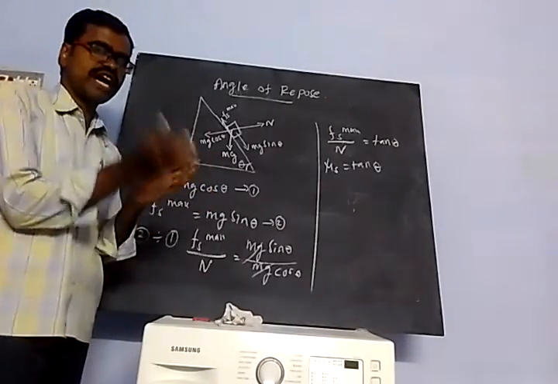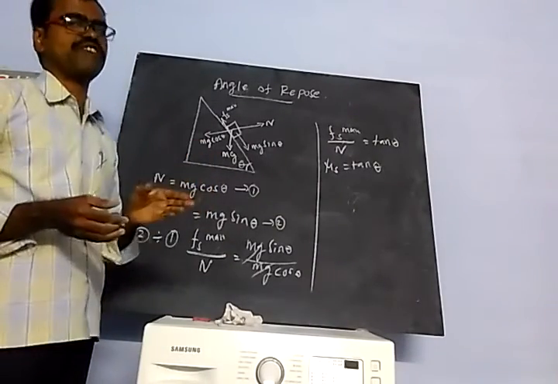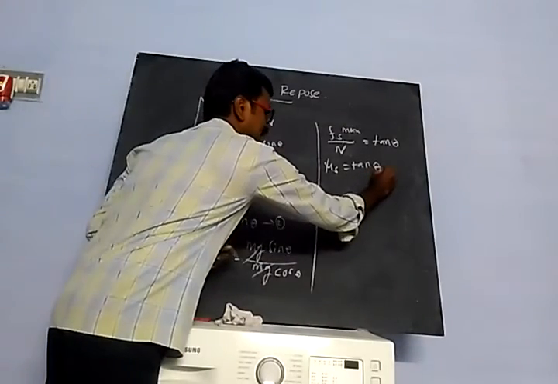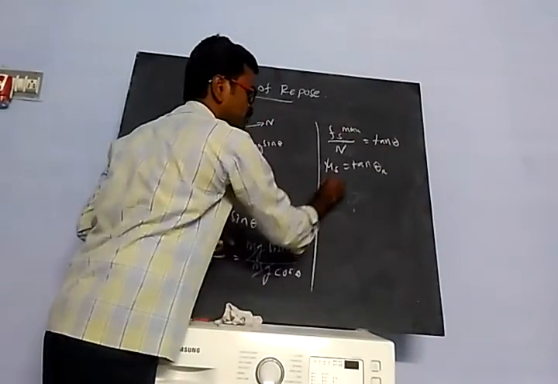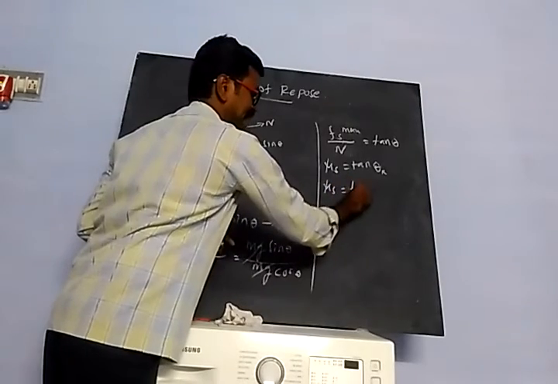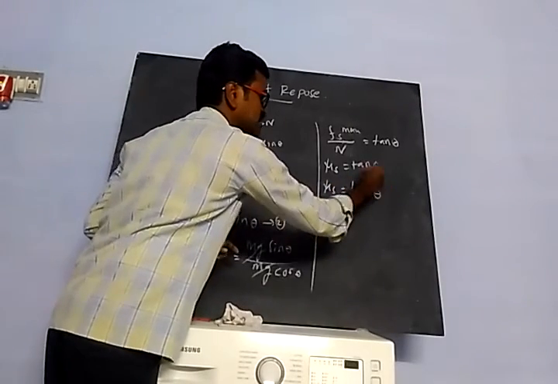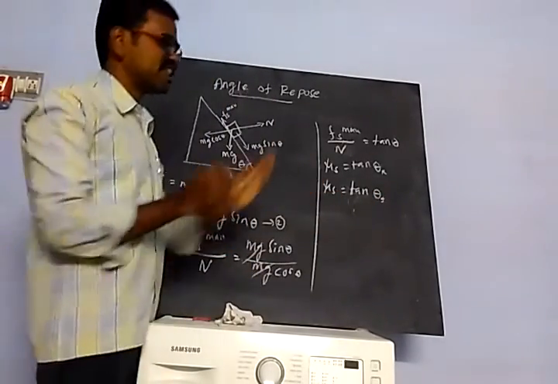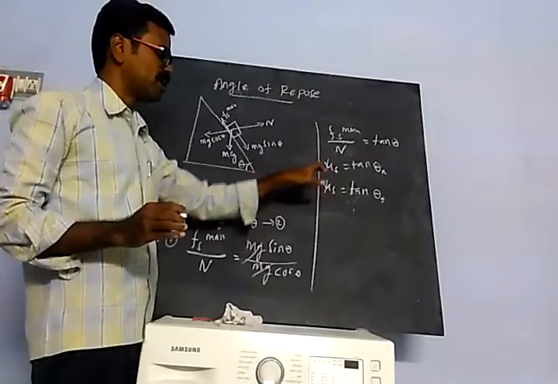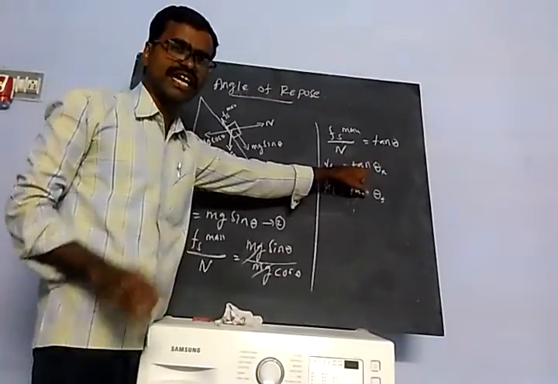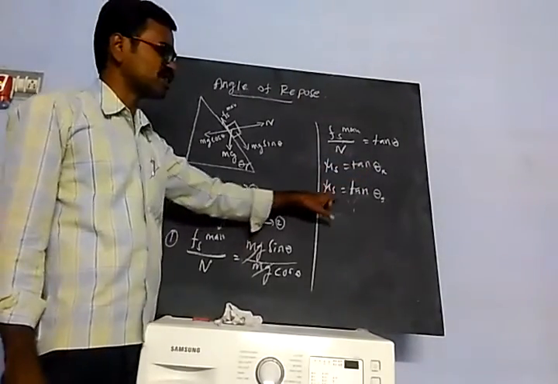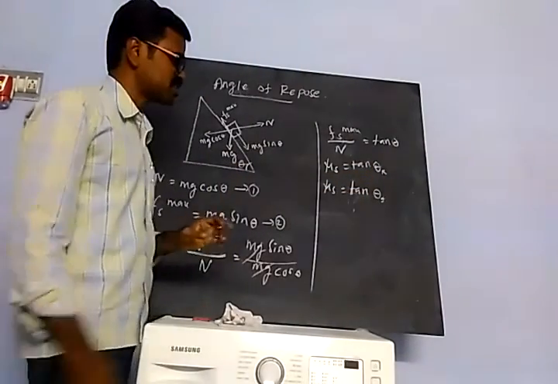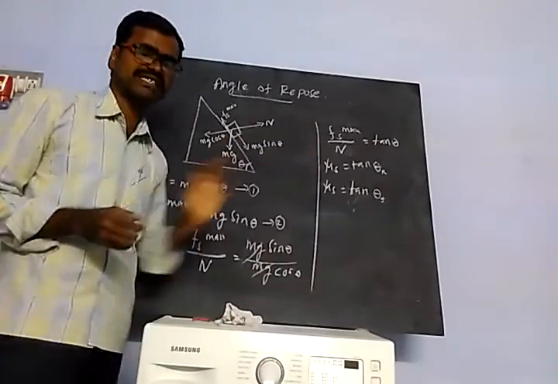We already studied the angle of friction, and it has the same formula. Here mu s is equal to tan theta, the angle of repose, and for the angle of friction, mu s is equal to the tangent of the angle of friction. So what is the difference? Both have the same formula.